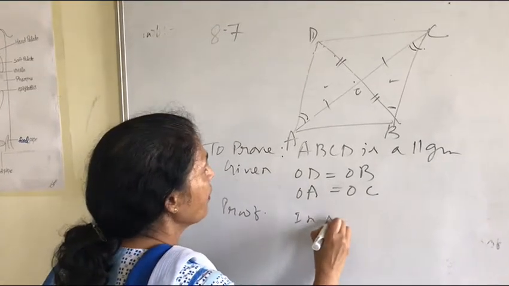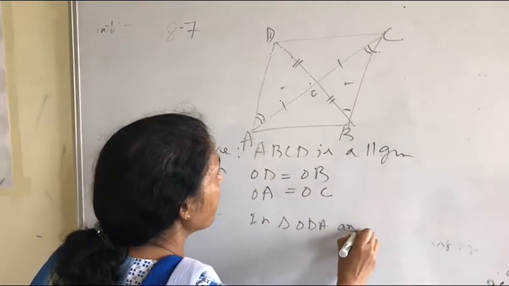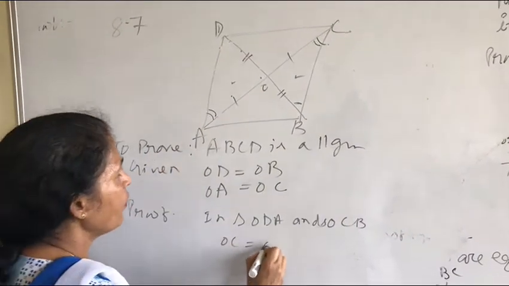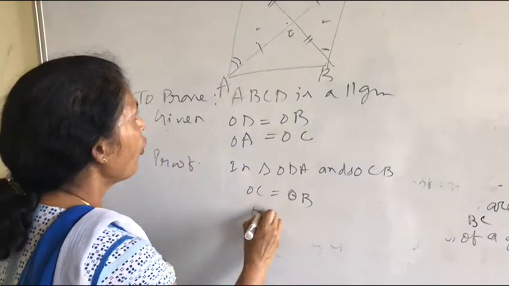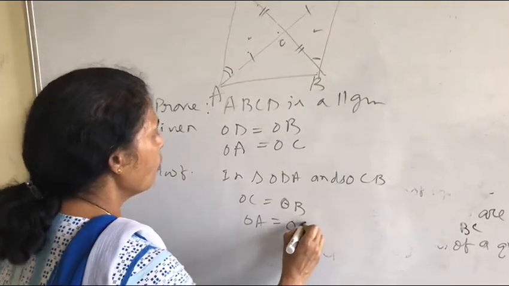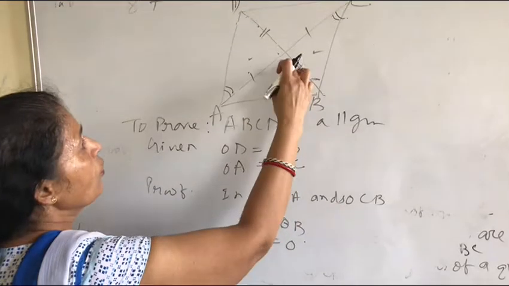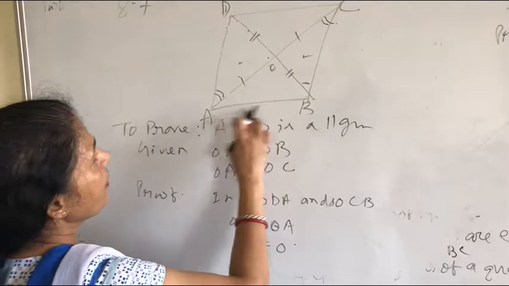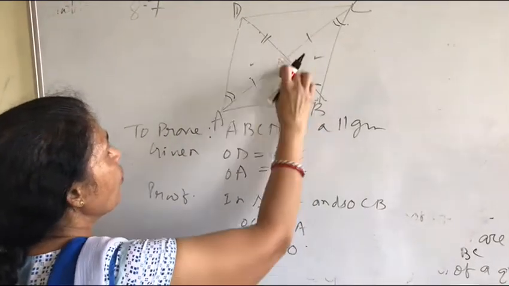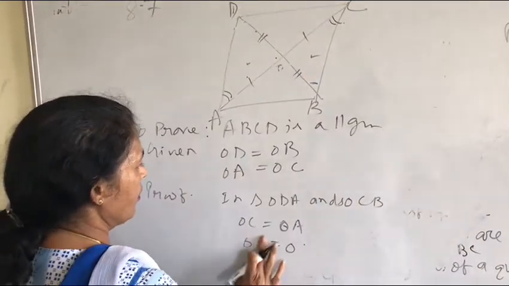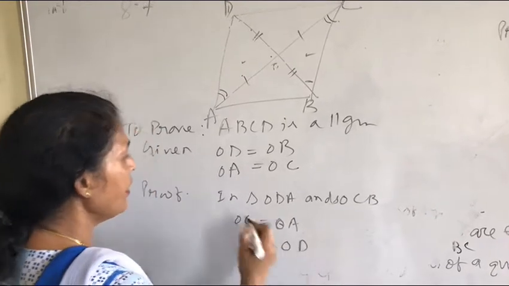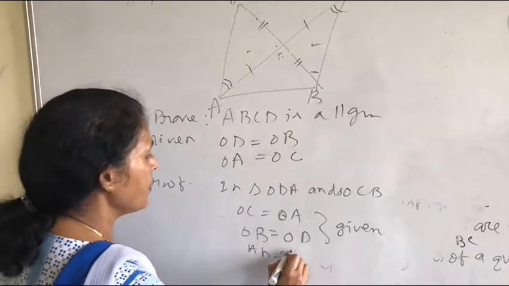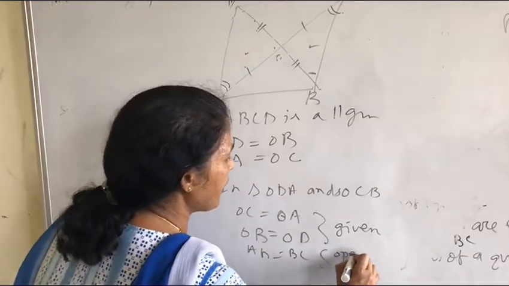In triangle ODA and triangle OCB, OA equals OC, given. OB equals OD, this is given. Then AD is equal to BC, opposite sides.